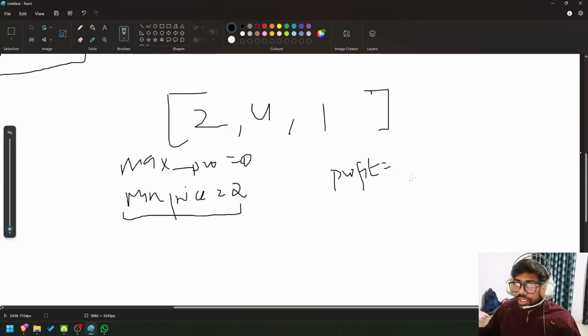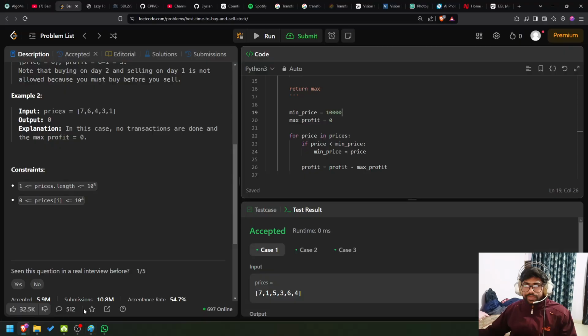Profit is current price. Sorry, profit is whatever. What is my profit actually? Min price and max profit. Okay, profit equals profit minus max, but I don't have a profit right now, right?